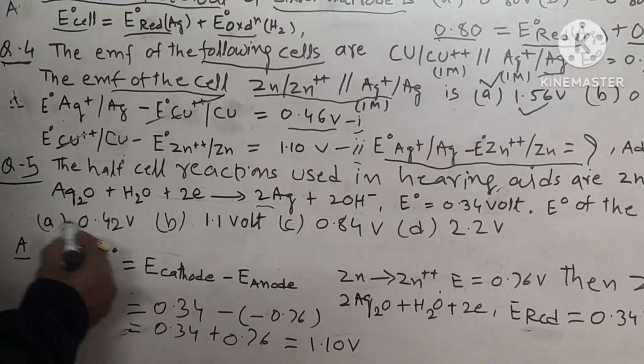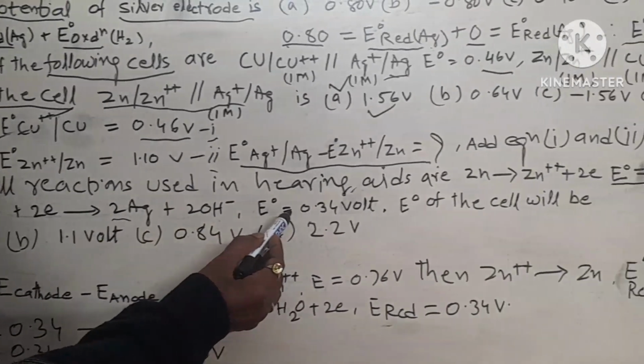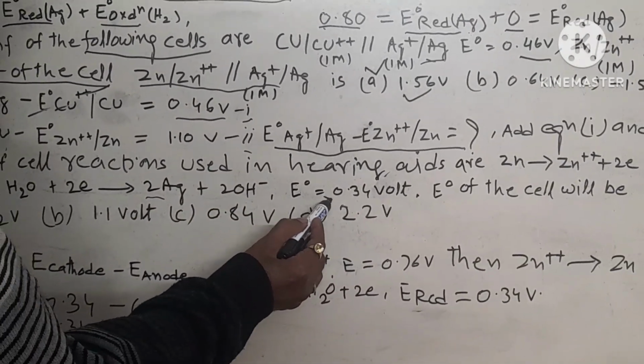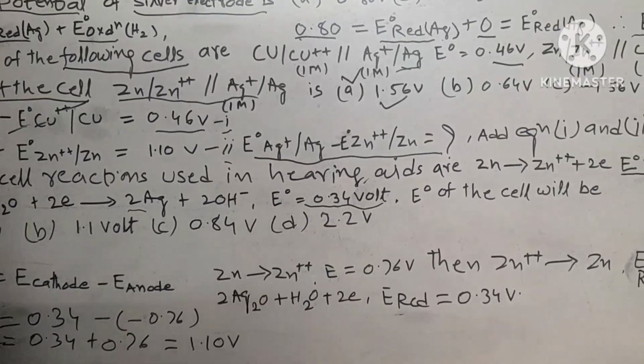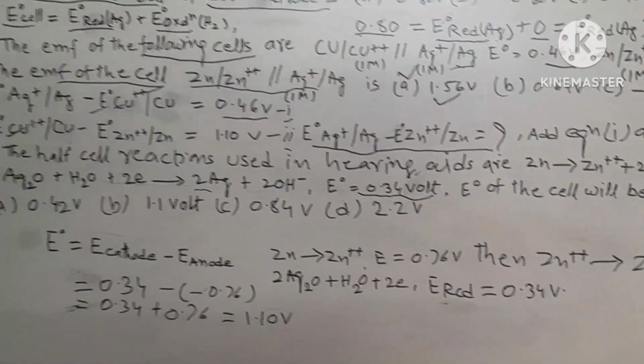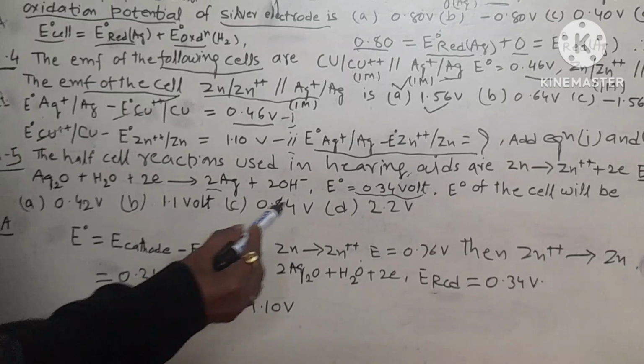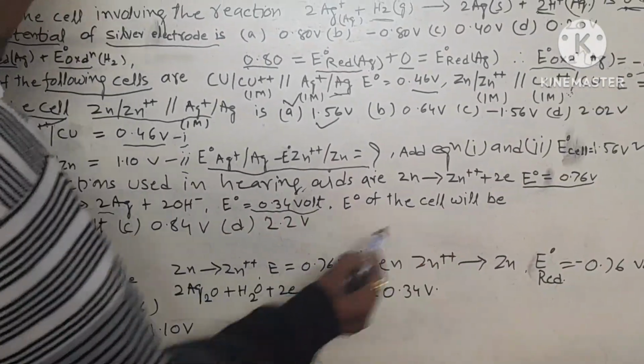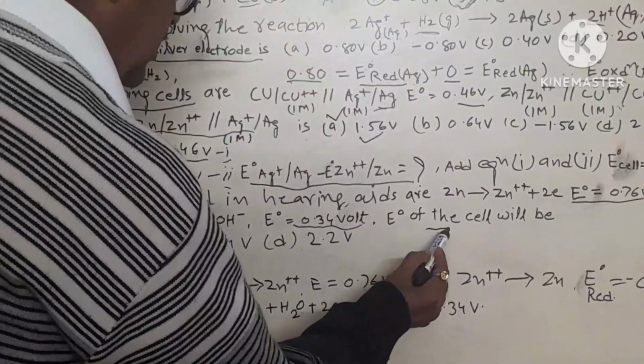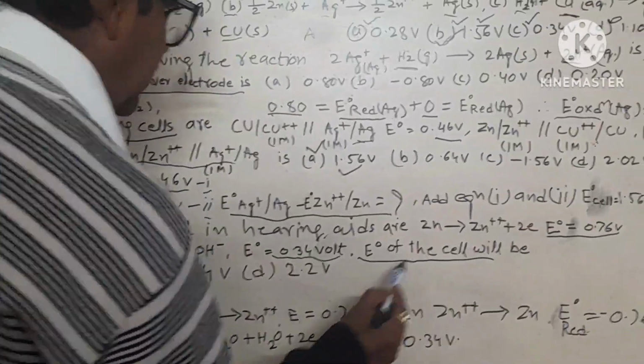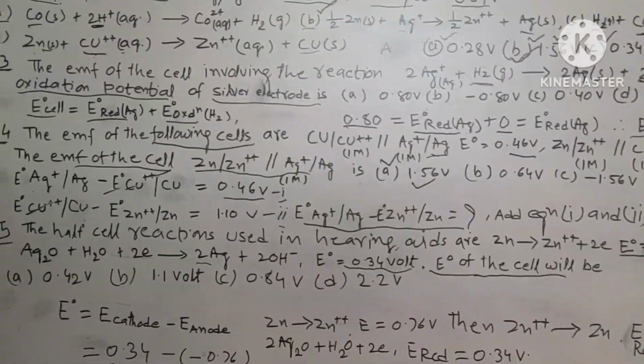This is the second electrode, and its electrode potential is 0.34 volt. You have to calculate the standard E of the cell. Two electrodes they have given.